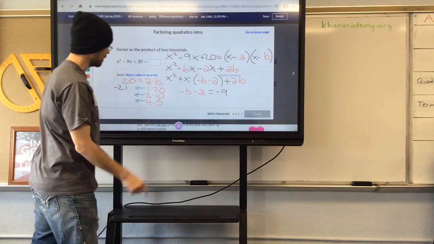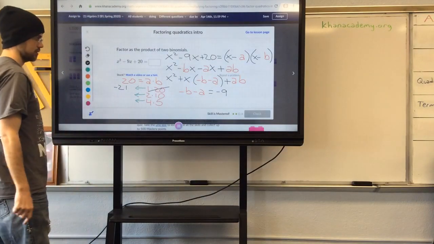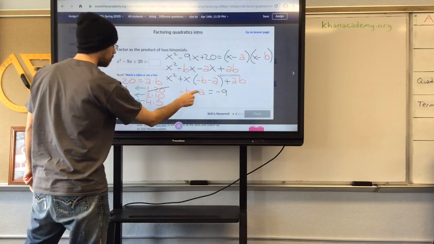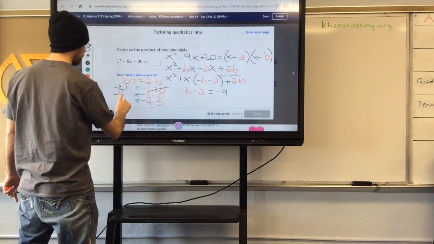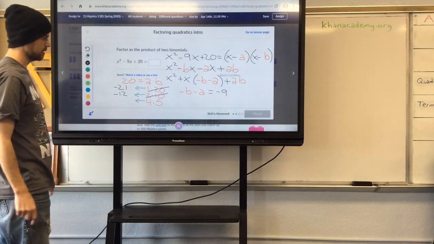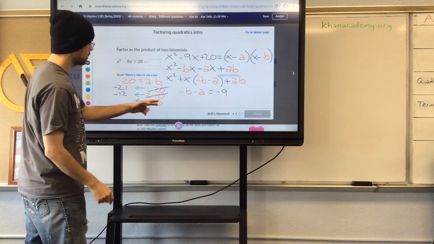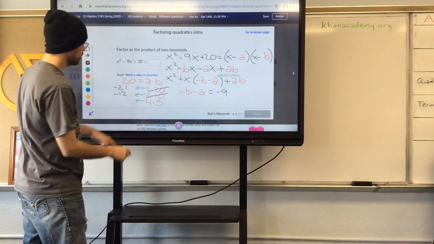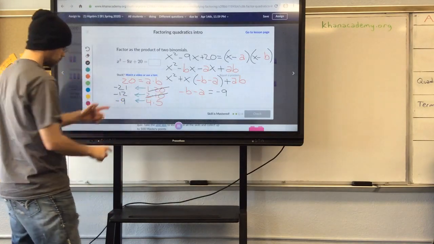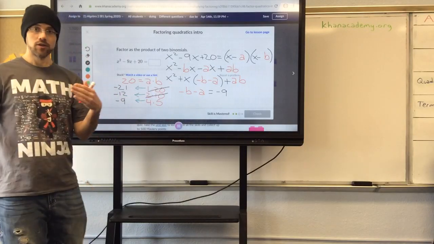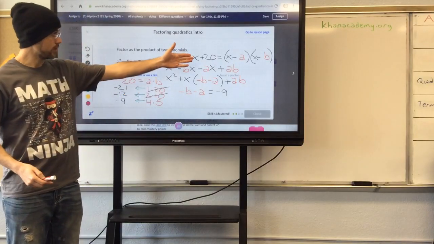Well, that's not negative 9, so this is not the right answer for a and b. Negative 10 minus 2 is negative 12, so that's not the right answer. And then negative 5 minus 4 is negative 9. That's true, that's what we wanted. So these must be the values of a and b in this equation.